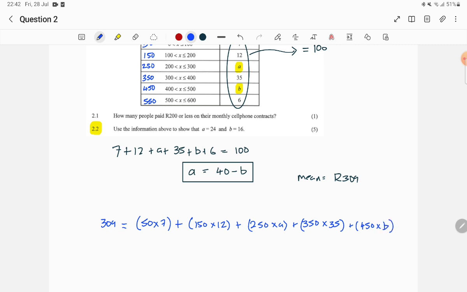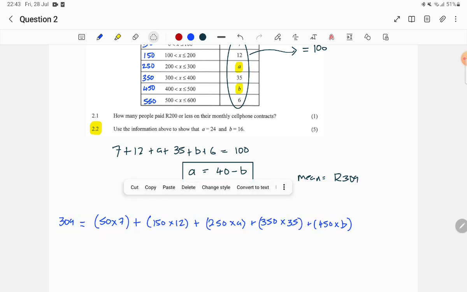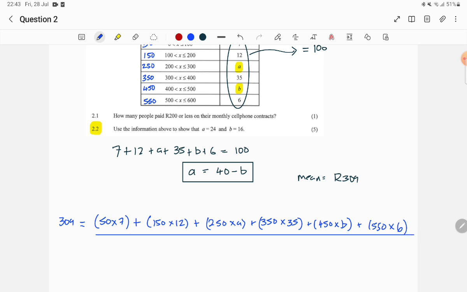Then 350 times B, and the last one is 550 times 6. And then we need to divide that by the total number of people, which is 100.